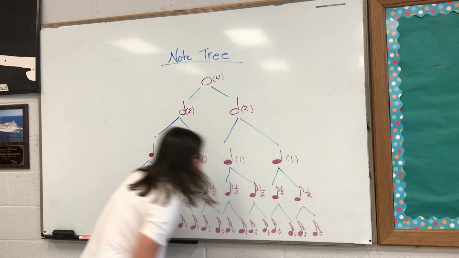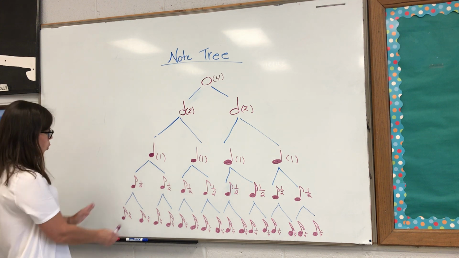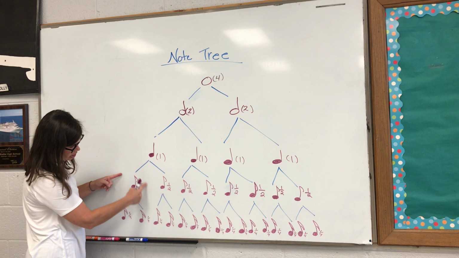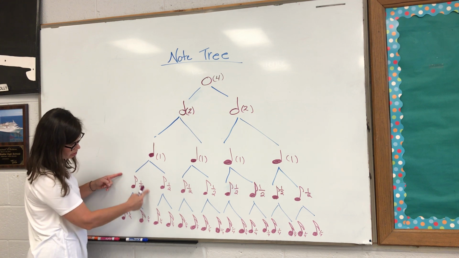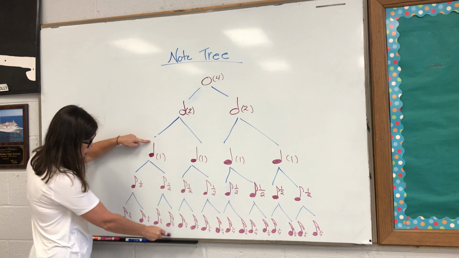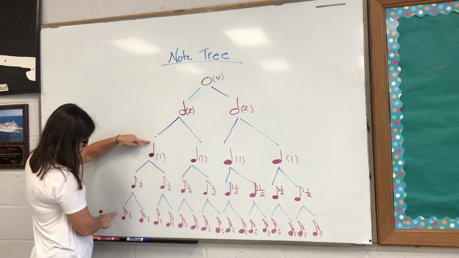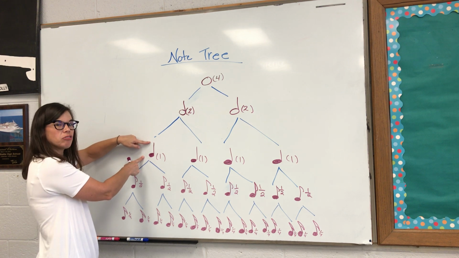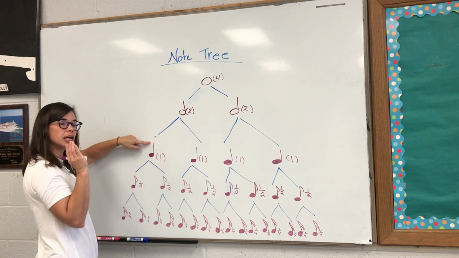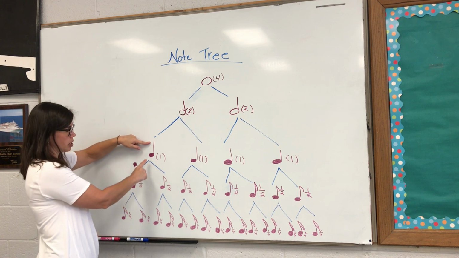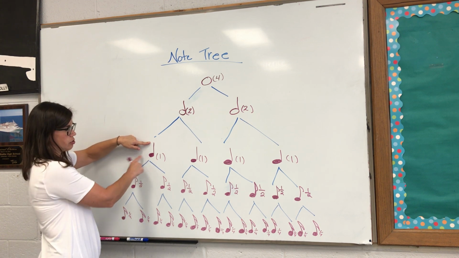Okay, so let's look at our relationships. 1 eighth note right here is equal to 2 16th notes. If we go up a level, it takes 4 16th notes, 1, 2, 3, 4, to equal 1 beat. And that's the other thing you need to remember: it takes 2 eighth notes to get 1 beat, and 4 16th notes to get 1 beat.